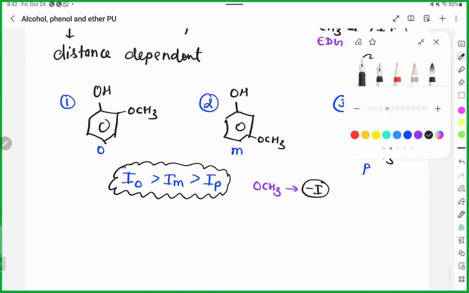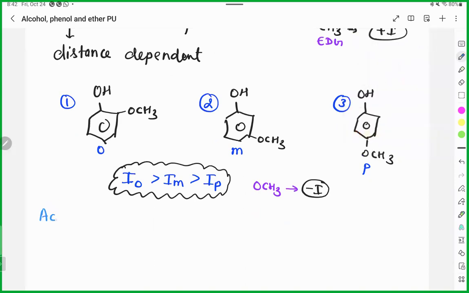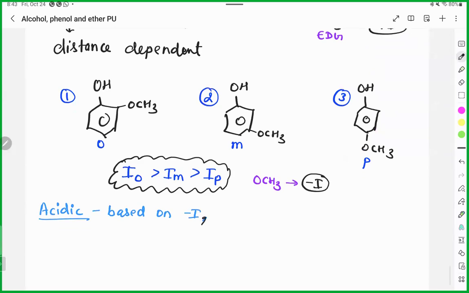Chinmay, if you are considering only inductive effect, based on inductive effect, minus I effect, what will be the sequence? Not able to correlate, sir. Try to answer.